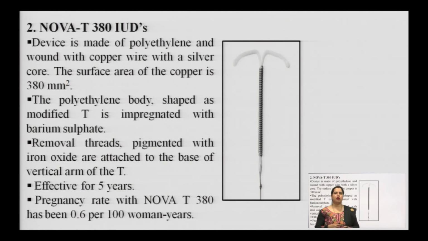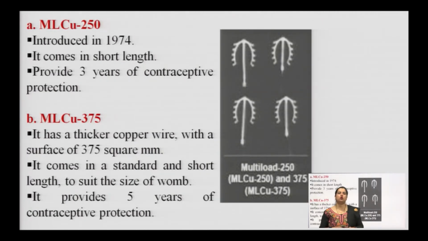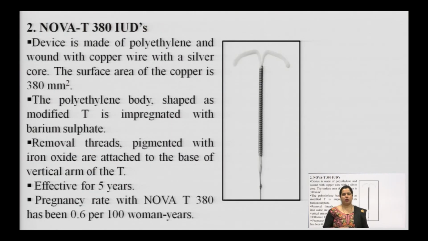In this session, we have discussed the various types of copper-bearing IUDs, the comparison between T shape and 7 shape copper-bearing IUDs, and their advancements like MLCu 250, 375 and Nova T 380 IUDs.